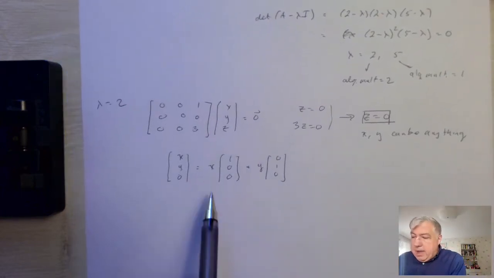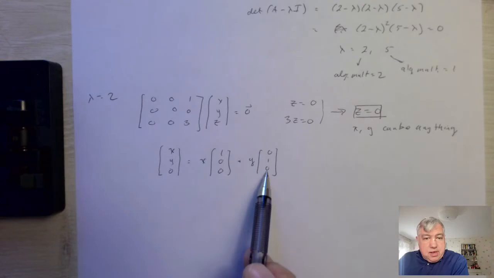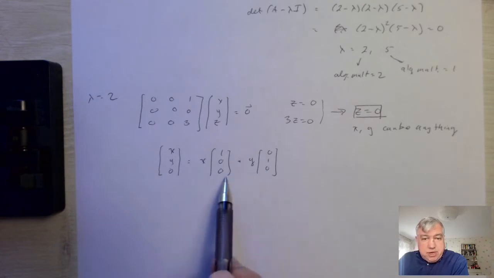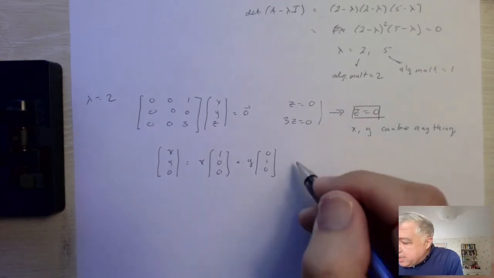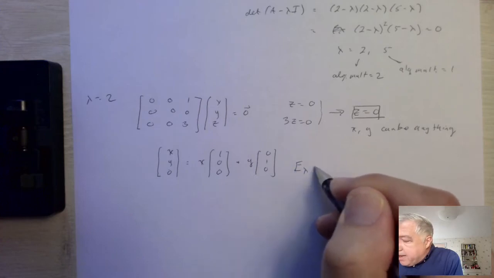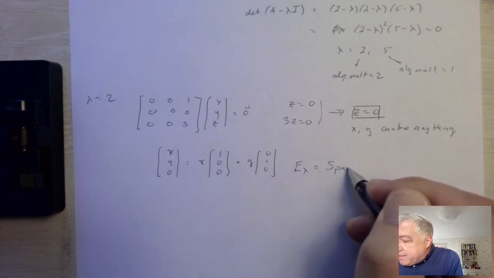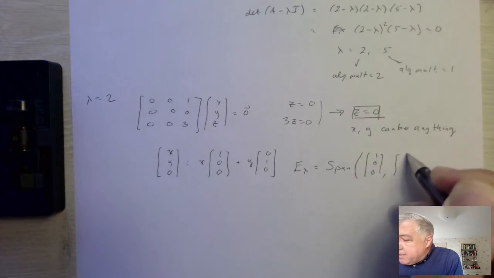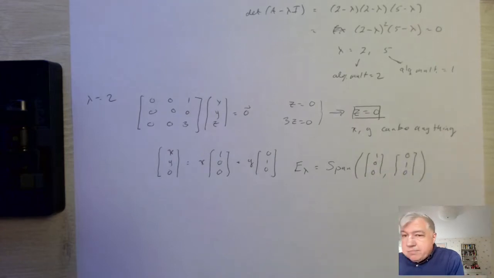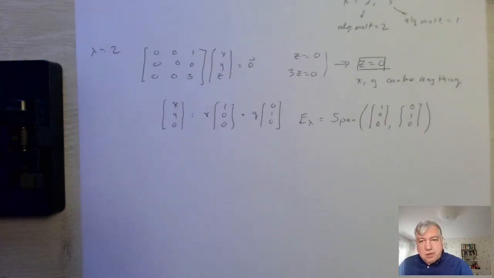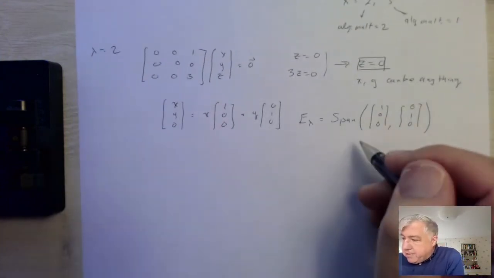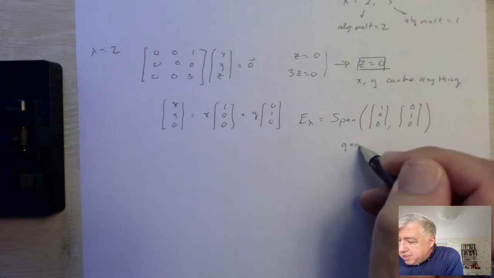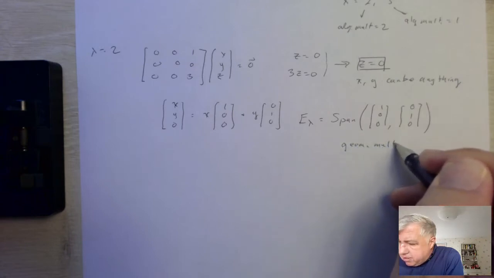These vectors are clearly linearly independent, so we can take them as a basis. The eigenspace is just the span of these vectors, 1, 0, 0 and 0, 1, 0. Therefore the geometric multiplicity of 2 is 2.